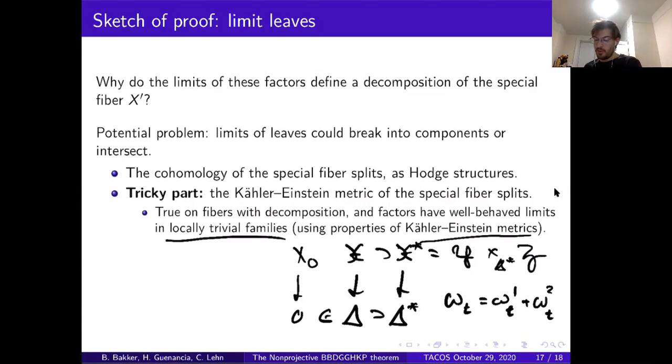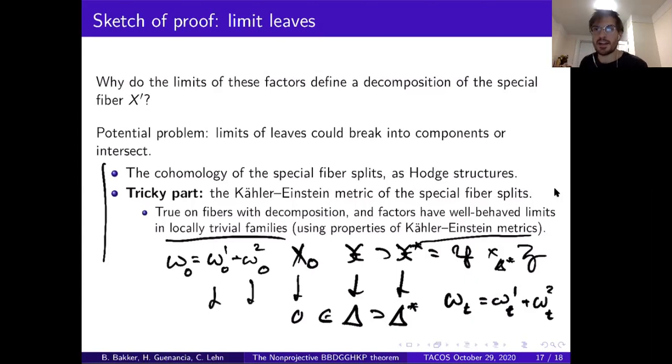Putting these two pieces together, it means that X naught also has a decomposition of its cohomology such that the Kähler-Einstein metric splits into two semi-positive forms, omega 1 and omega 2. Each of these is coming from the correct Künneth components of the decomposition we get just by taking the limit of the Künneth decomposition.